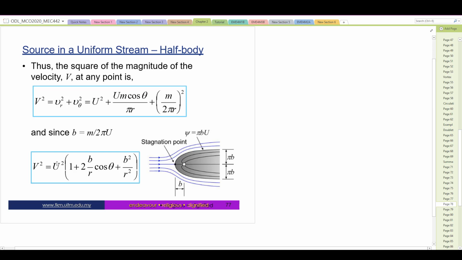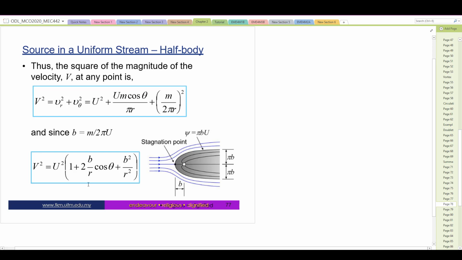To find the pressure we can use the Bernoulli equation. You just recall your MEC 441 Fluid Mechanics 1. The Bernoulli equation is for irrotational, inviscid flow, and of course for steady and incompressible flow.